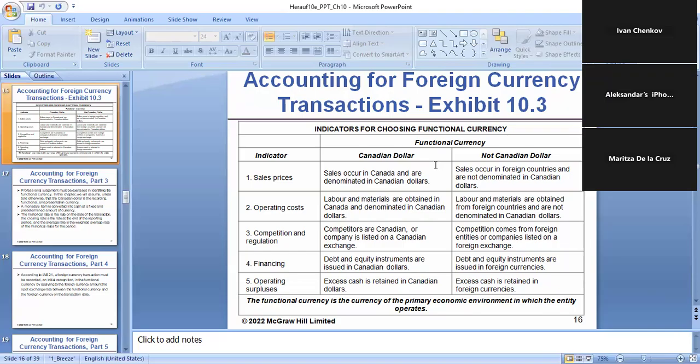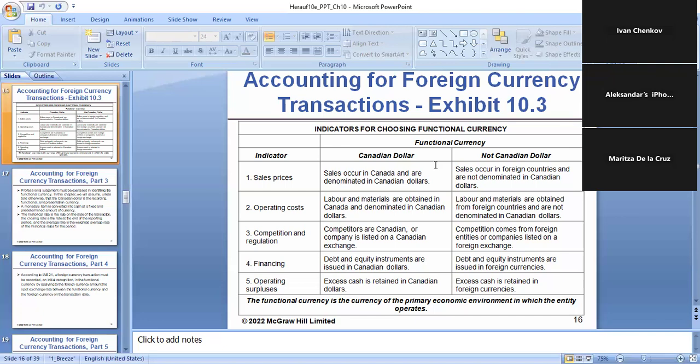Competition and regulations. If the competition and regulations are Canadian, and the company is listed on a Canadian stock exchange, it means the functional currency is the Canadian dollar. If the competition comes from the outside, from foreign entities, and the company is listed on a foreign exchange, then the Canadian dollar is not the functional currency. Financing.